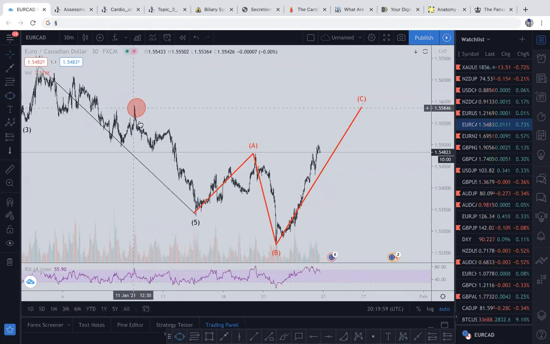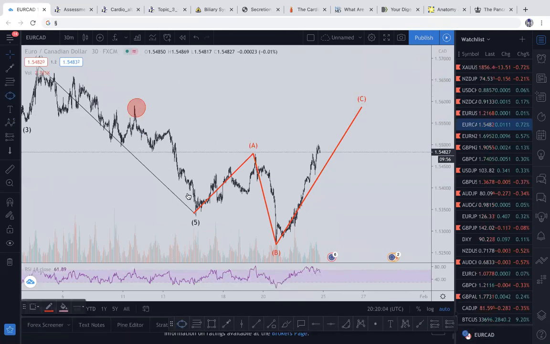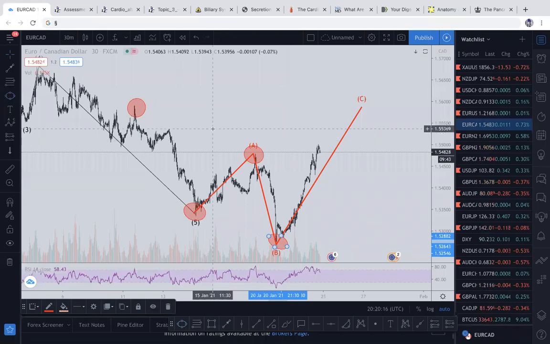A is a clear point that I can identify. This is a clear point I can identify. That is a clear point I can identify.